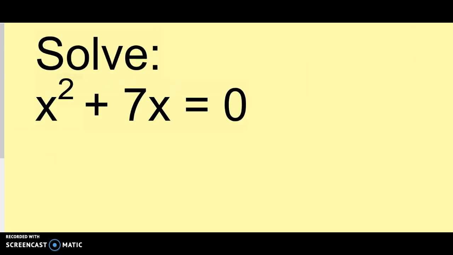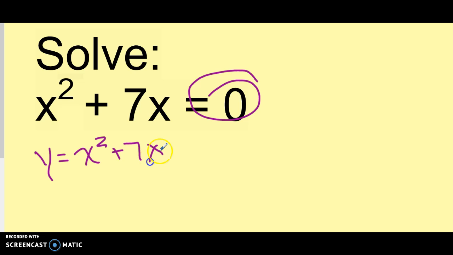All right, let's try one more. Here you go. Y equals x squared plus 7x. Plug that into your calculator. Once you do it, and I'm not going to go back and do the calculator because I'm running out of time, I do believe it's going to cross at 0, and it's probably going to cross at -7.